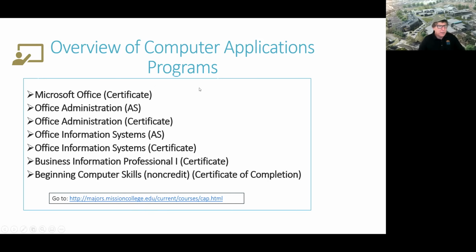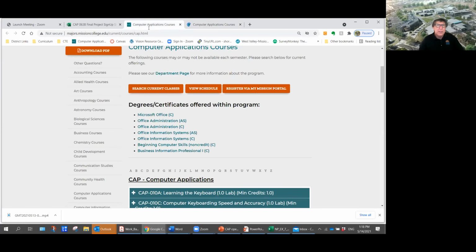Everybody benefits, as Judy said, from a keyboard class. Everybody benefits from knowing Microsoft Word and Excel. And then we have other specialty courses too, such as Project and Access and Google Apps, which are being used more in industry as well. And you can read more about that on the page here.